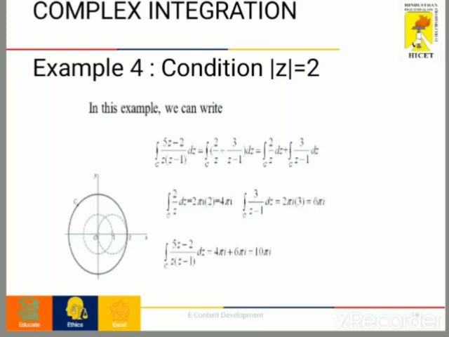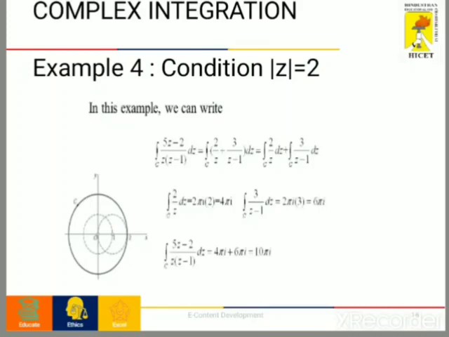So in this example here I have drawn some diagram and we can write integral over c 5z minus 2 by z into z minus 1 into dz can be split as integral over c 2 by z plus 3 by z minus 1 into dz. So if we take LCM then we will get the same function. Therefore we can split the term, that is integral over c 2 by z into dz plus integral over c 3 by z minus 1 into dz.